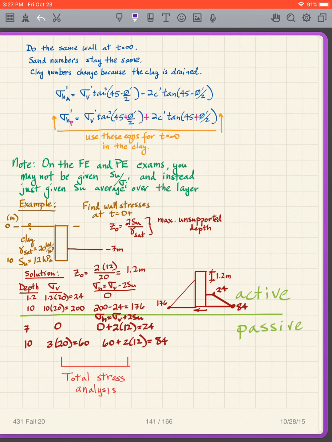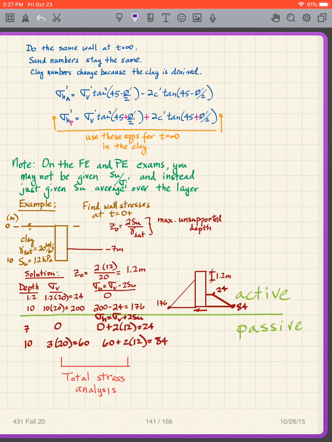We notice that in each case, whenever I have a negative there, I have a positive there. Negative there, positive there. Negative there, positive there. So for the passive situation, everything is plus. For the active situation, everything is minus. And like I say, these equations apply for t equals infinity in the clay.